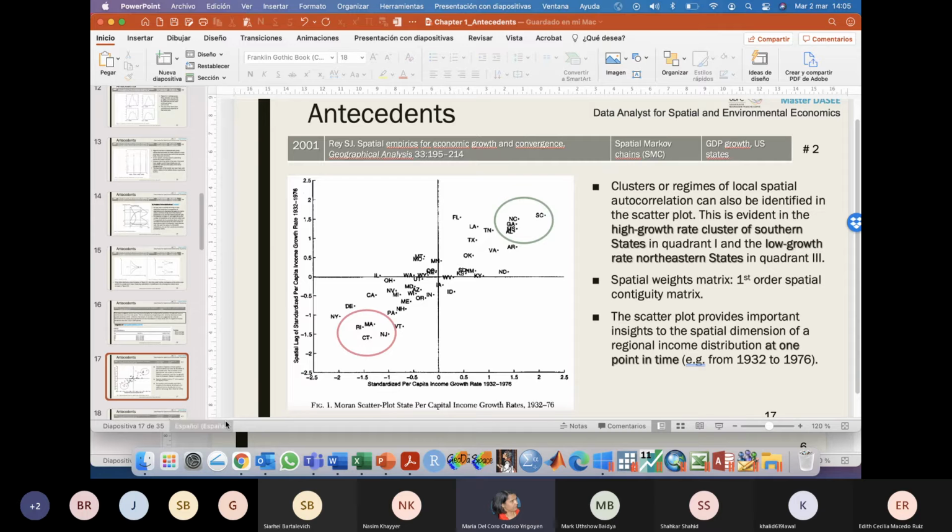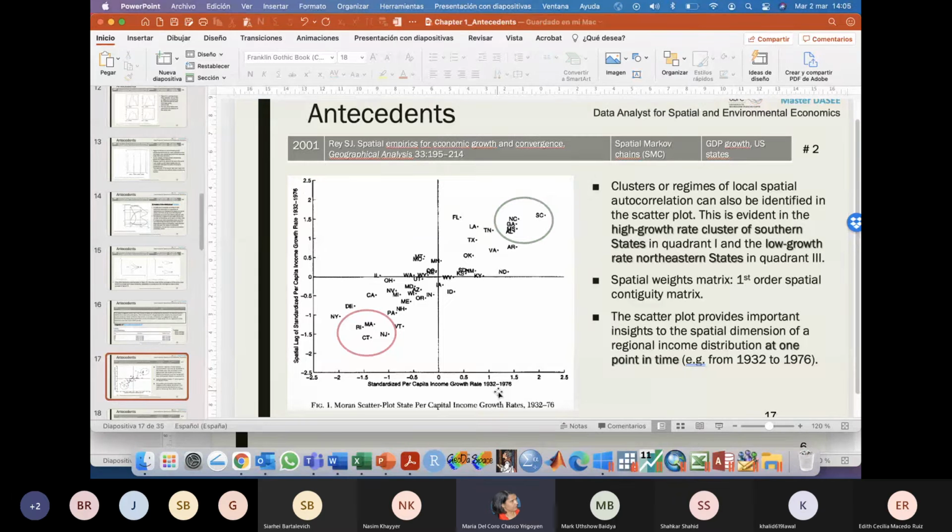Particularly, what he's doing, you can see here, is representing the growth rates. They are the growth rates in a first period from 1932 to 1976, for the main variable, per capita income.